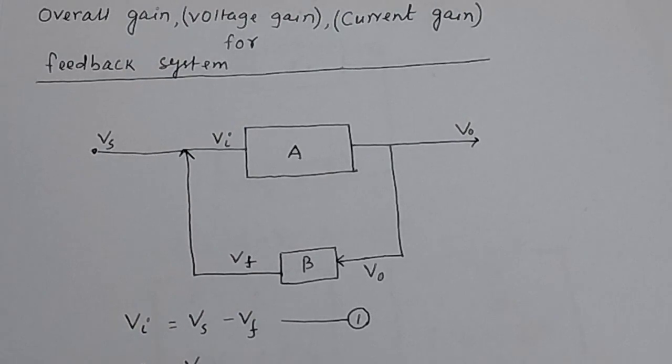Negative feedback reduces the overall gain of the amplifier. So you work out some problems, and the problems basically come from the relation between the gain after feedback and the gain before feedback. That is, AF is equal to A divided by 1 plus A beta for negative feedback, and AF is equal to A divided by 1 minus A beta for positive feedback.